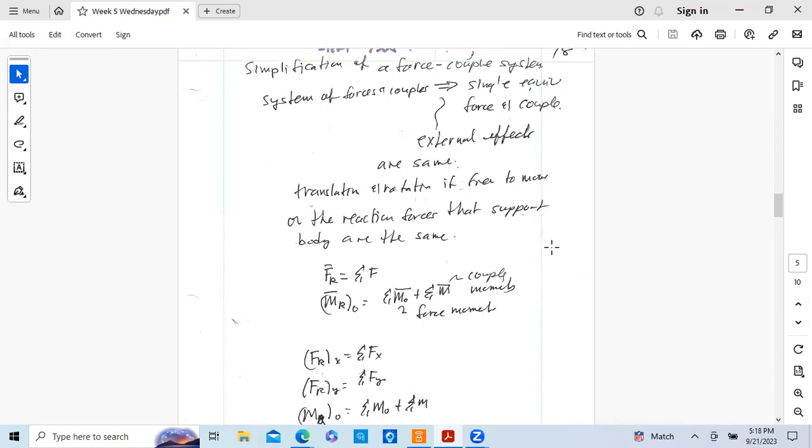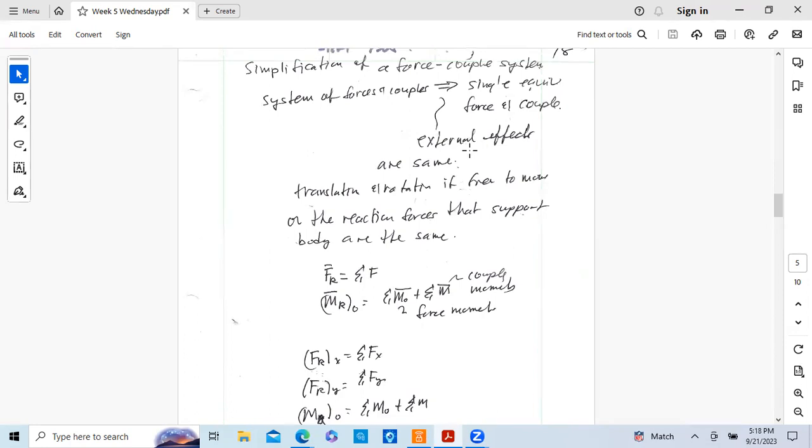So simplification of a force couple system. We'd like to take a system of forces and couples and have a simple force or a single force and a couple, basically a one, and these will describe external effects.